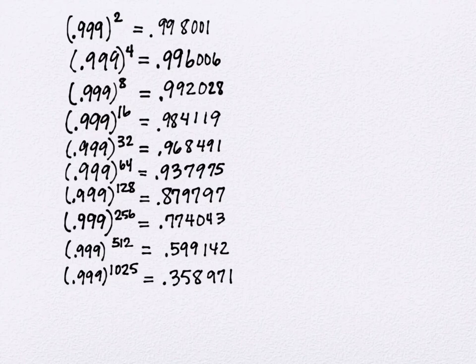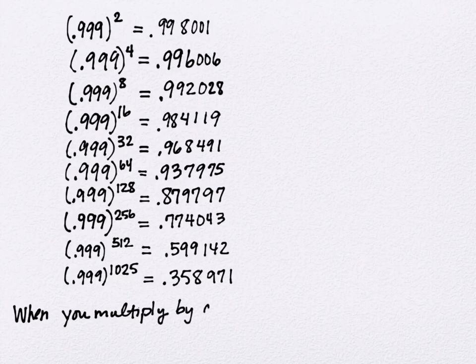So what's actually happening here? Well, when you multiply by a value, I should probably say a positive value, because that's what we're looking at, a positive value less than 1.